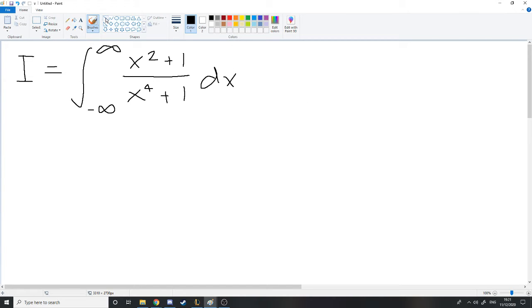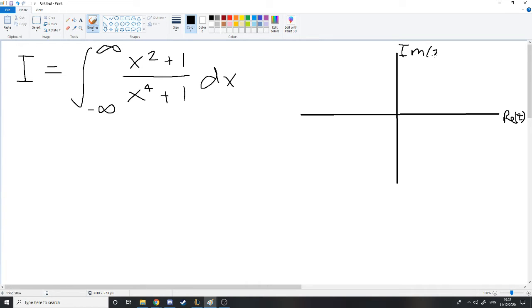First I'm going to draw the complex plane so we can really figure out what we're doing. So we've got the 2D complex plane right here, with the real axis here, and the imaginary axis in the vertical. Thinking from the complex plane, this integral is just on the real axis.